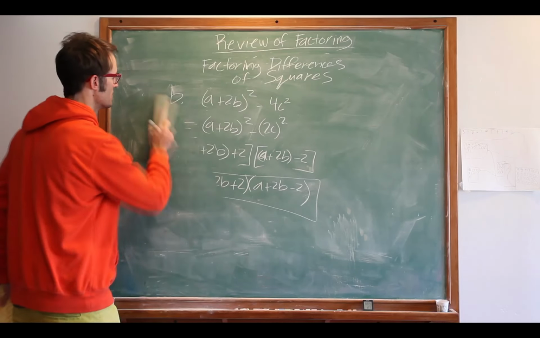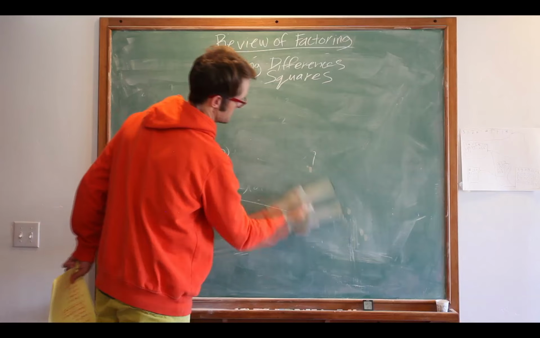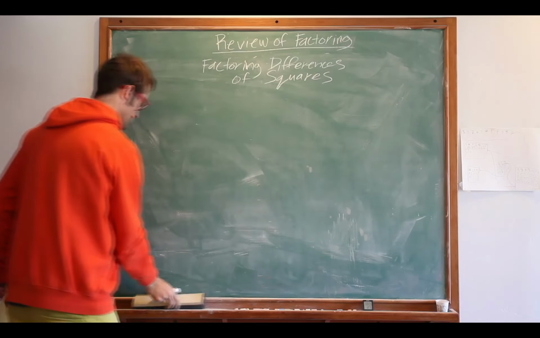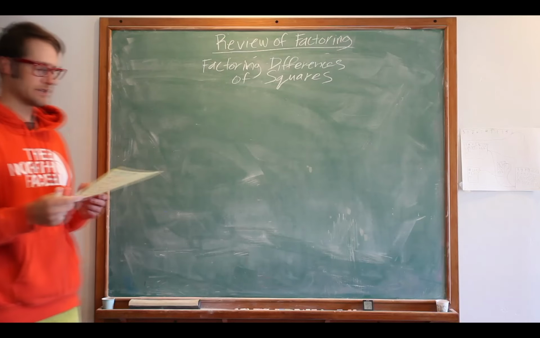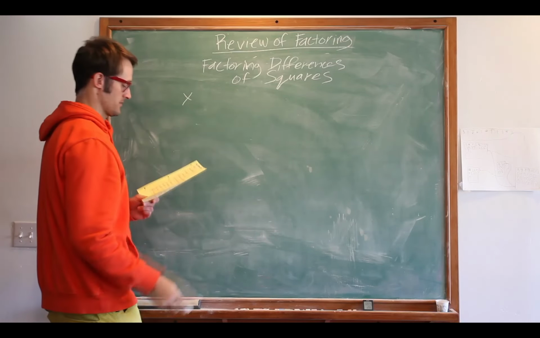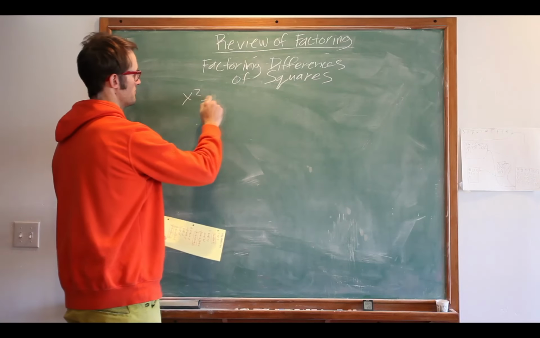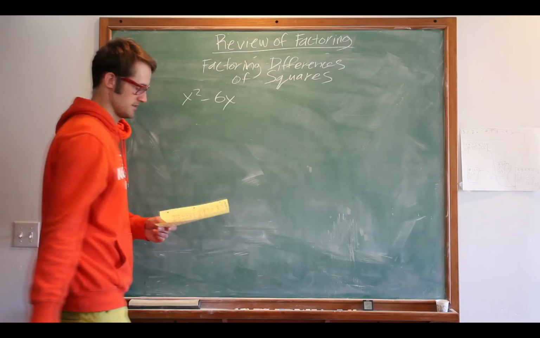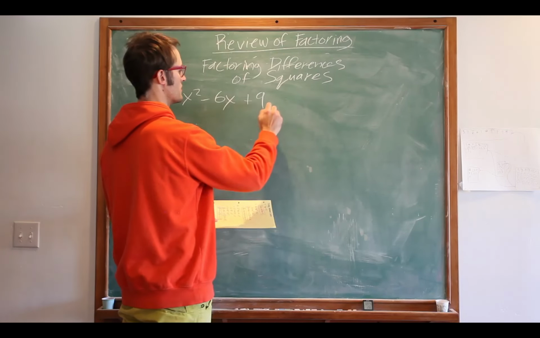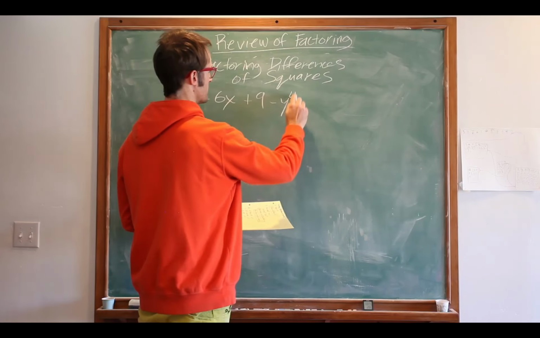All right. Last example of the day, we're going to do x squared minus 6x plus 9 minus y to the fourth.